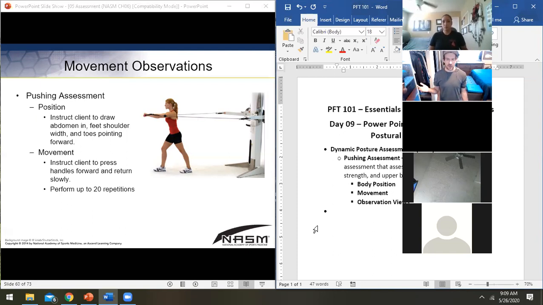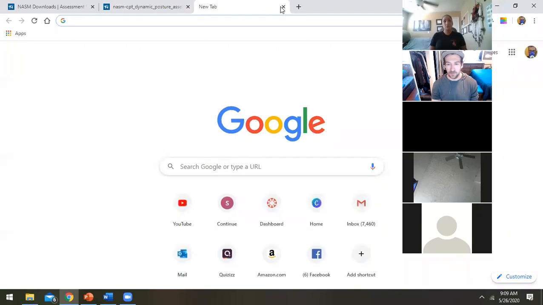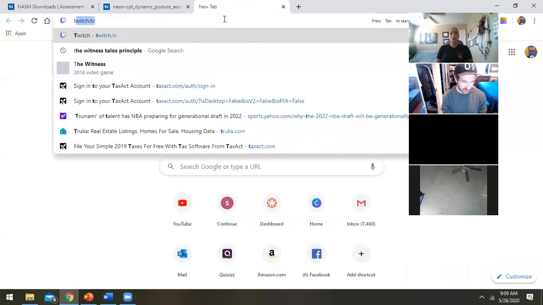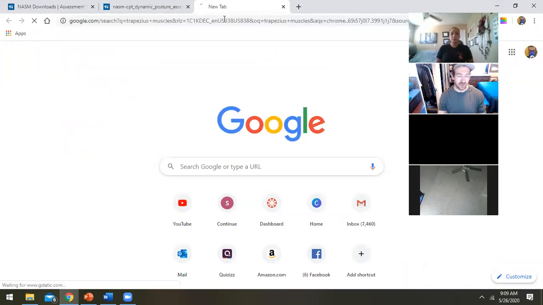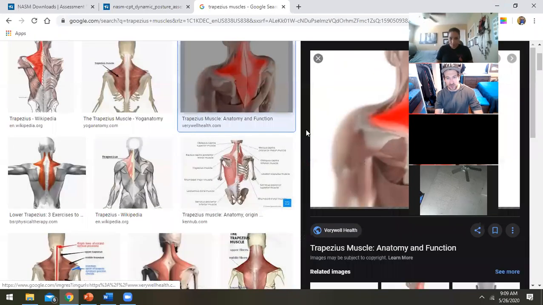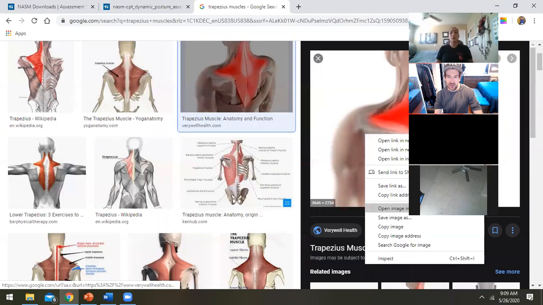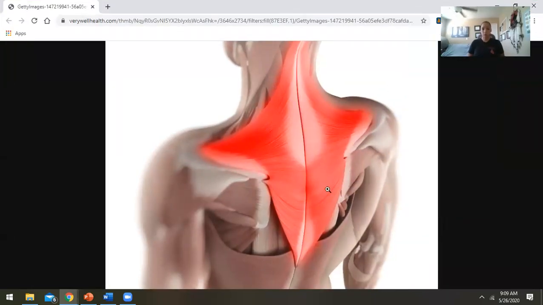Like my upper traps, there's a little bit of scapular retraction. If we look at the upper traps, it's attached similarly, although it's not the same, right? Trapezius muscles, if we look at all of them together, my upper traps is this portion up here.